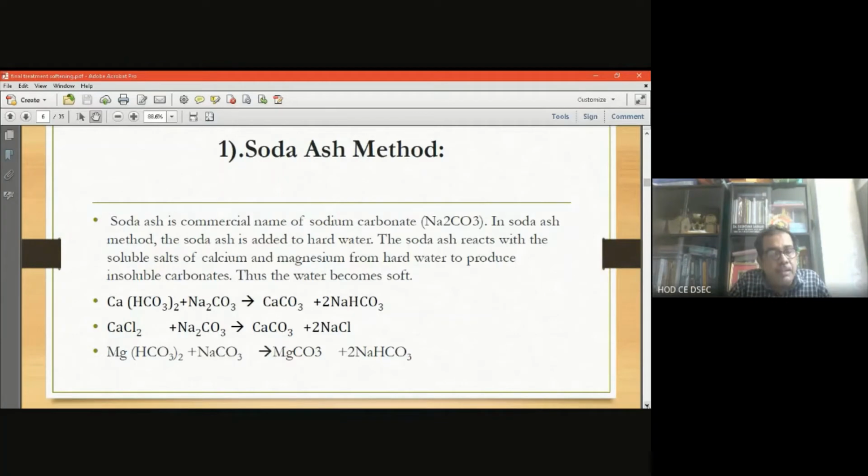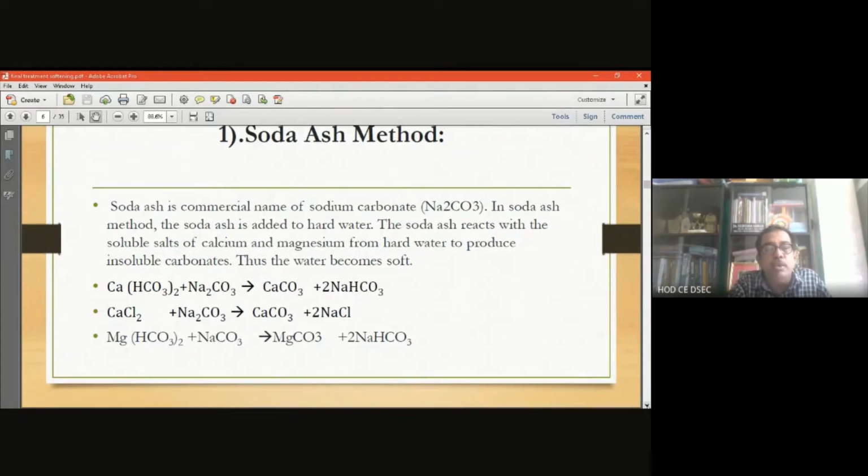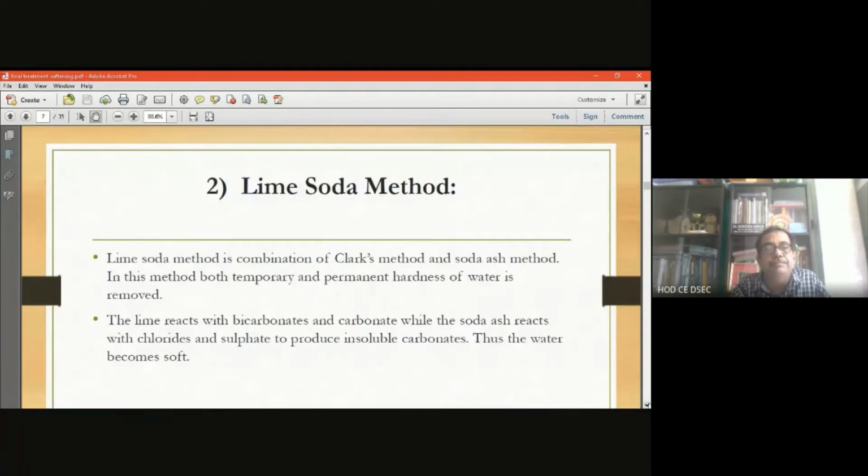If there is calcium chloride and you add the soda ash, that is sodium carbonate, the sodium carbonate chemically reacts with the calcium chloride, forming calcium carbonate, the insoluble product. So this is how the soda ash reacts with the ionic concentration of the permanent hardness as well as the temporary hardness, forming calcium carbonate, the insoluble precipitate, as you have seen.